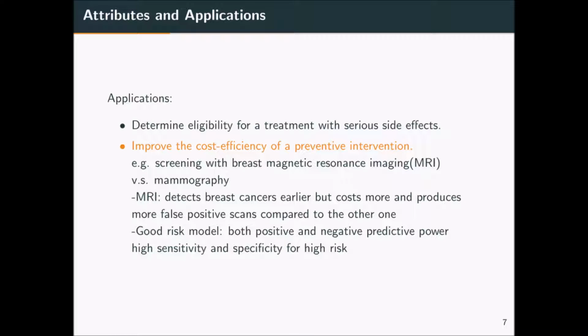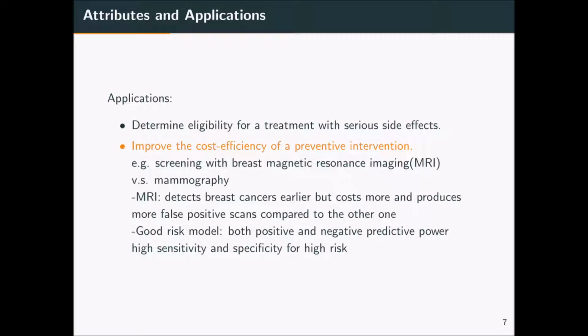The second application is to improve the cost efficiency of preventive intervention. For example, choose between MRI and mammography for detecting breast cancers. MRI detects breast cancers earlier but costs more and produces more false positive scans compared to the other one.